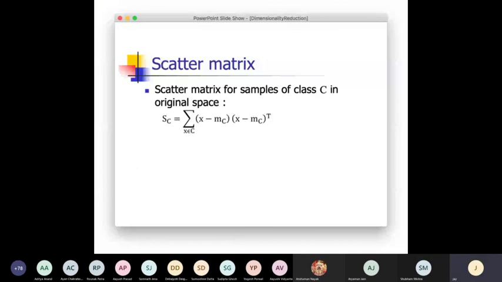Then it becomes scatter. So one thing is that we have considered scatter of the projected points, because variances are well defined with scalar values, scatter of the projected points.